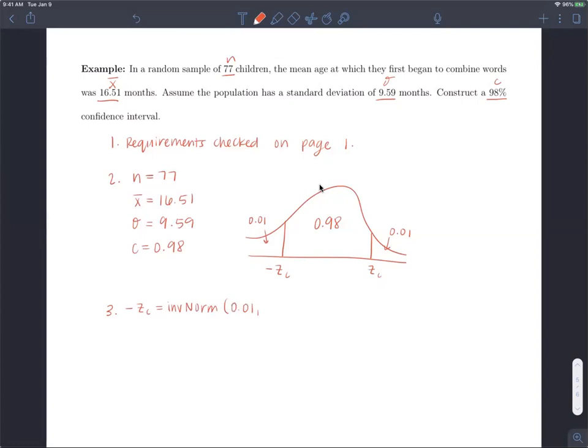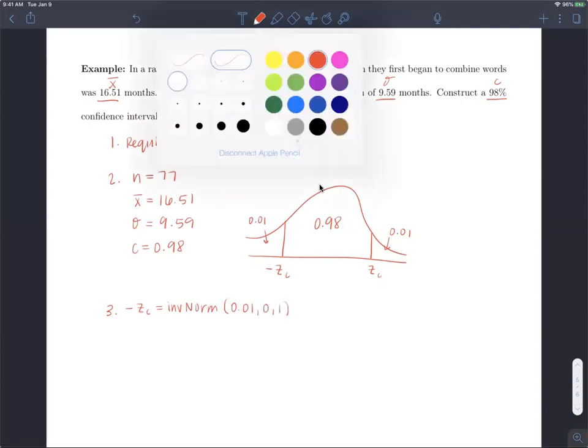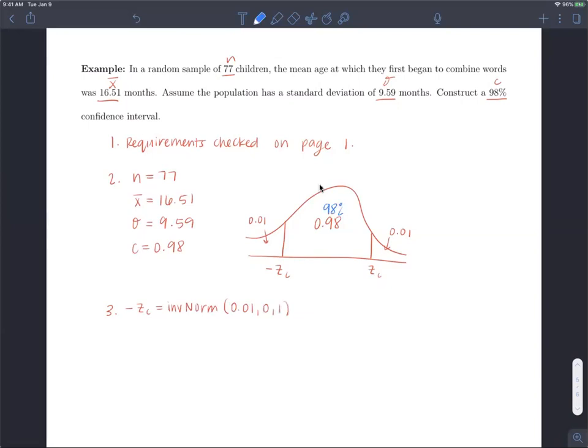And you can do this part as percentages. If it's easier to think about in percentages, that's totally fine, because you would have 1% on either side, and then you would just have to convert those to decimals, because here you can't put a percentage, it has to be a decimal. It's just however you want to think about it. Just make sure when you put it into your calculator that you know how to do it correctly.